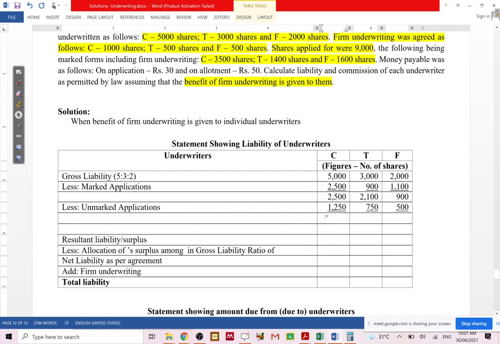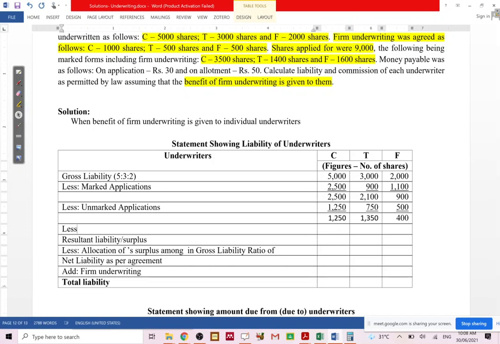First, let's get the balances. So 2500 minus 1250, you again get 1250. Balance over here 1350 and 400. Correct?